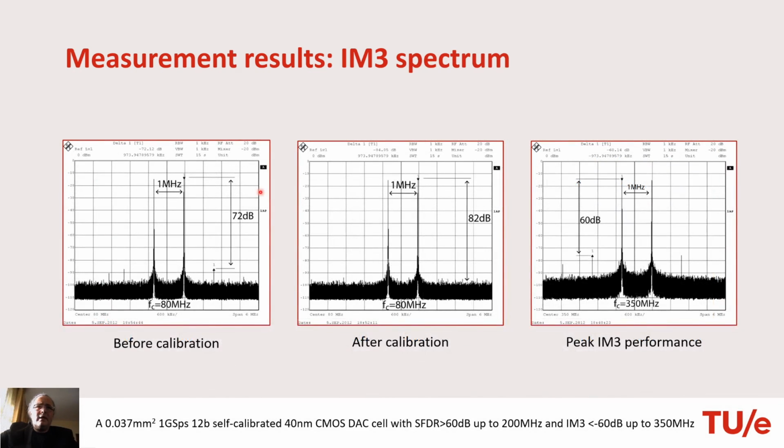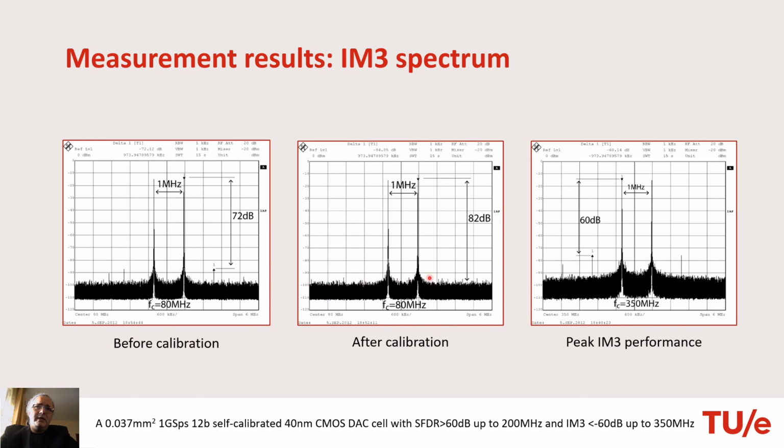So here are some spectra to see. This is at center frequency of 80 megahertz, and spacing between the two tones of 1 megahertz. So here we will measure IMD3, and before calibration we have about 72 for this particular point, and when we run calibration there is a 10 dB improvement.